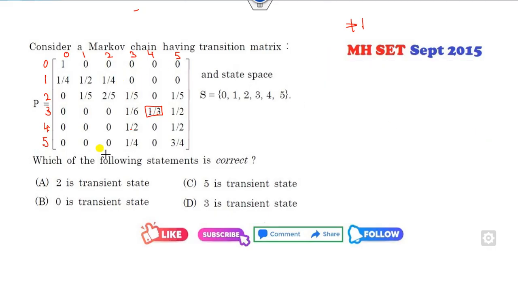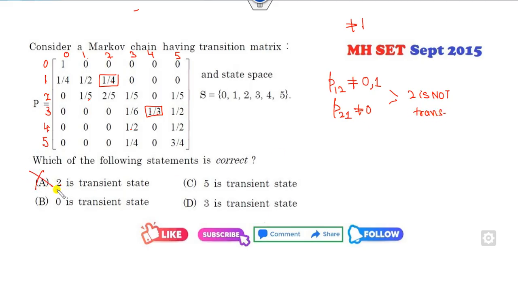Now I will look at them one by one. Firstly 0, 2. That is my 2. This number is P1,2, which is non-zero and non-1. What is my P2,1? 2,1, which is again non-zero. So what is the meaning of that? 2 is not transient.